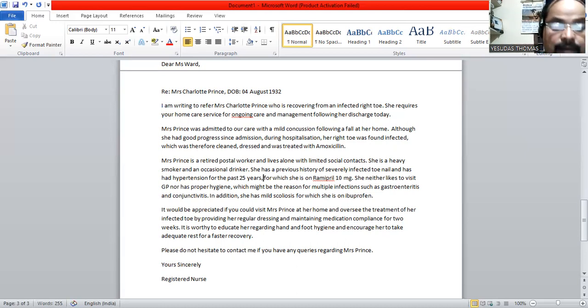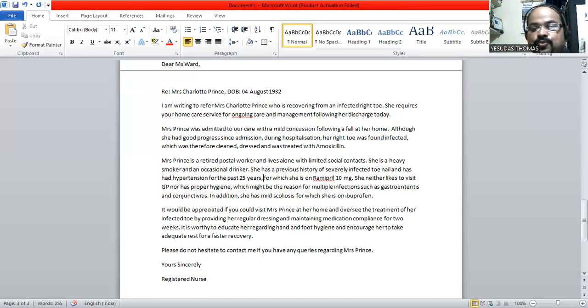So she has a previous history of infected toenail. Severe infection was there before, and she has had hypertension for the past 25 years, for which she is on Ramipril 10 mg.